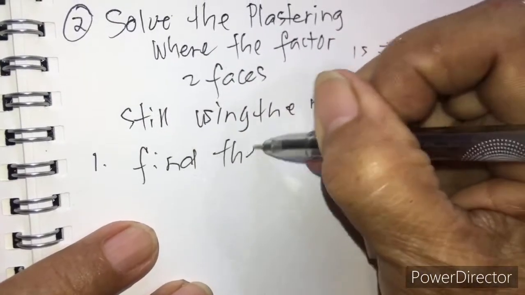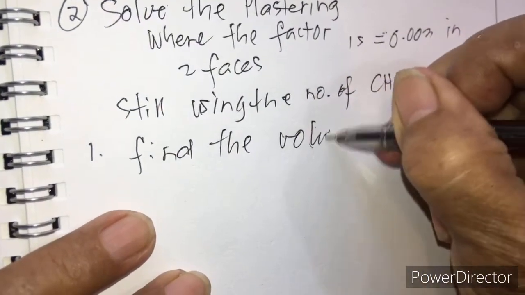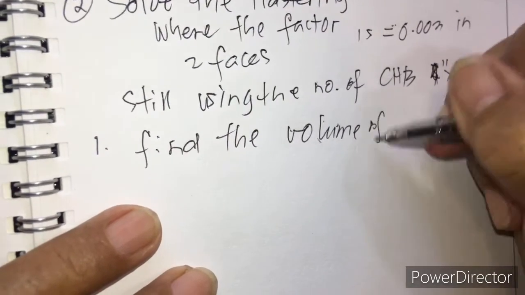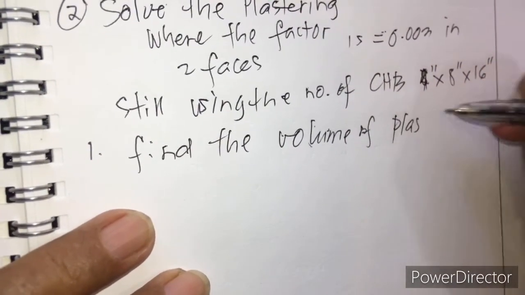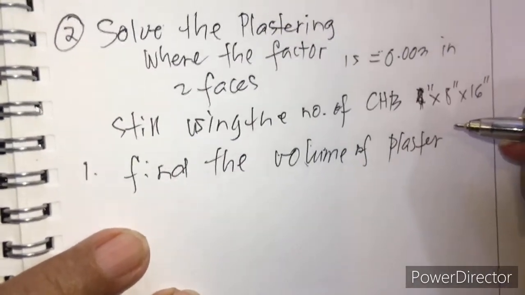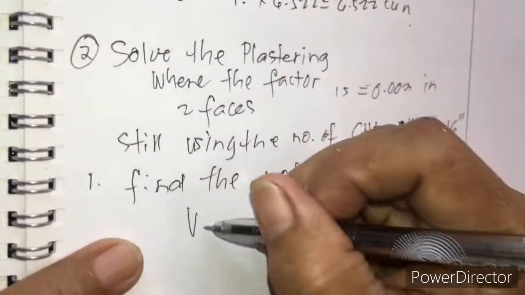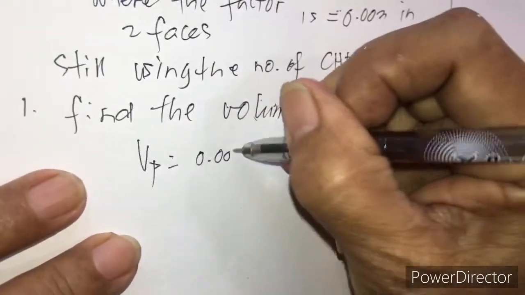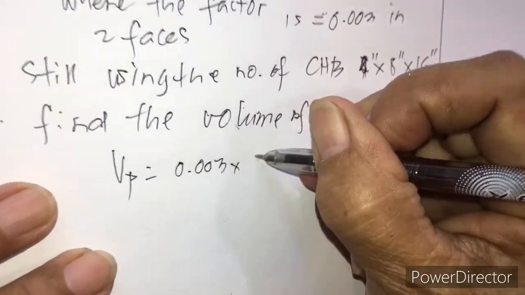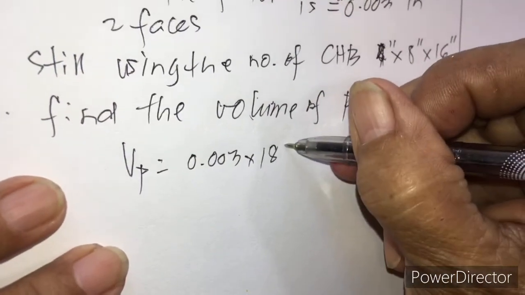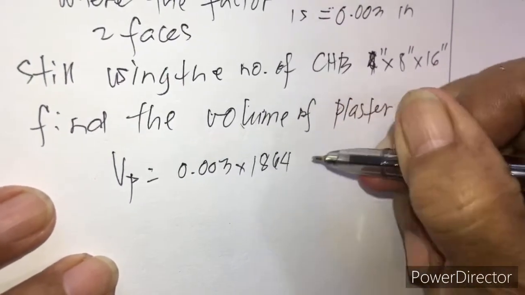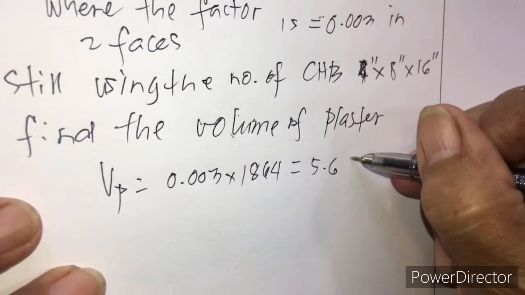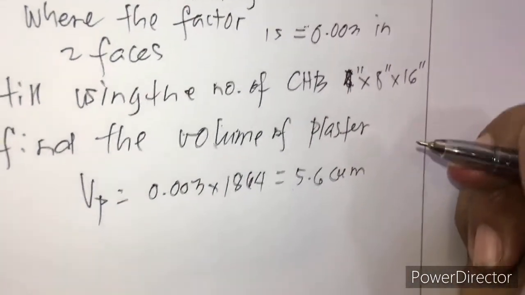Find the volume of plaster. Volume of plastering equals the factor times, remember, 1,864 pieces of hollow block equals 5.6 cubic meter.